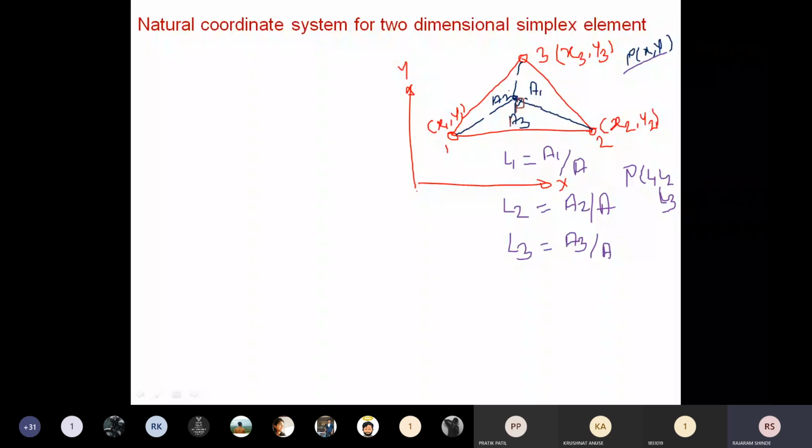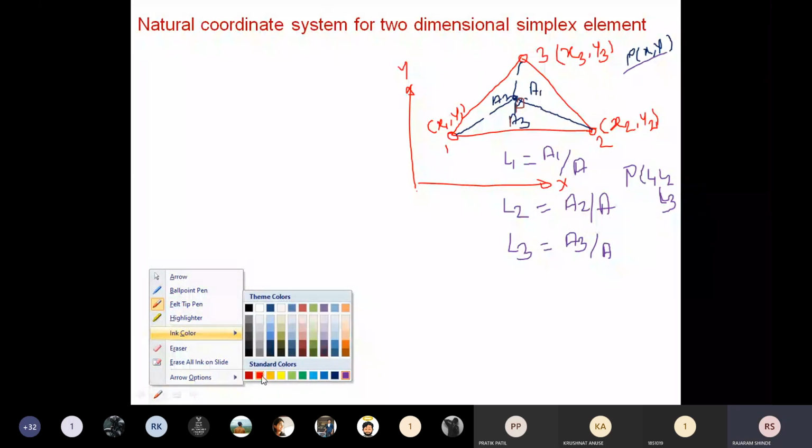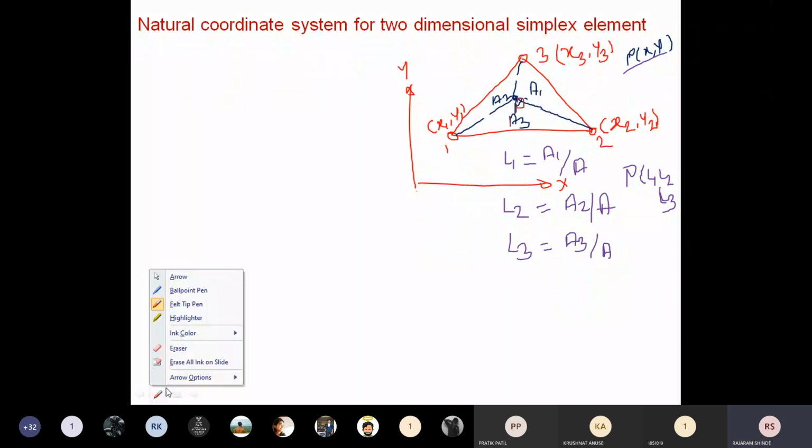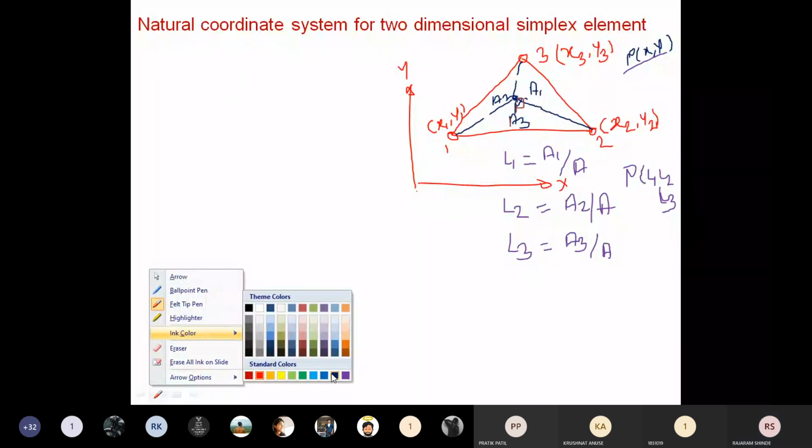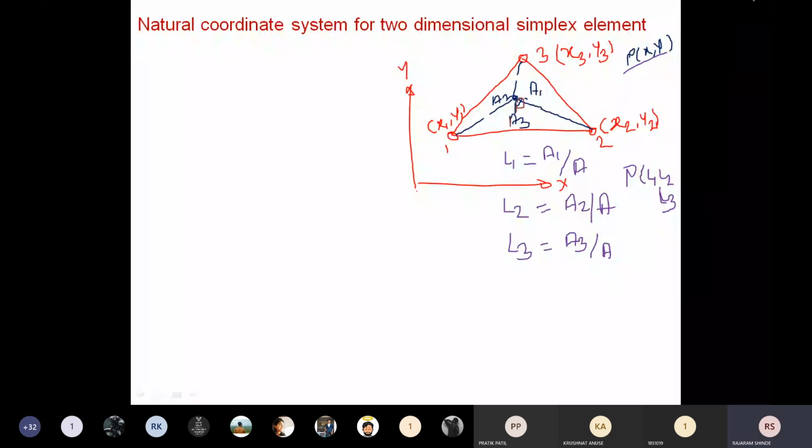You can move that point to any location and you can find the values of the natural coordinates of that point P. Now see here, if I move the point P to node number 1, then you can see what happens when this point P is at this location. Here this line, I will change the color.